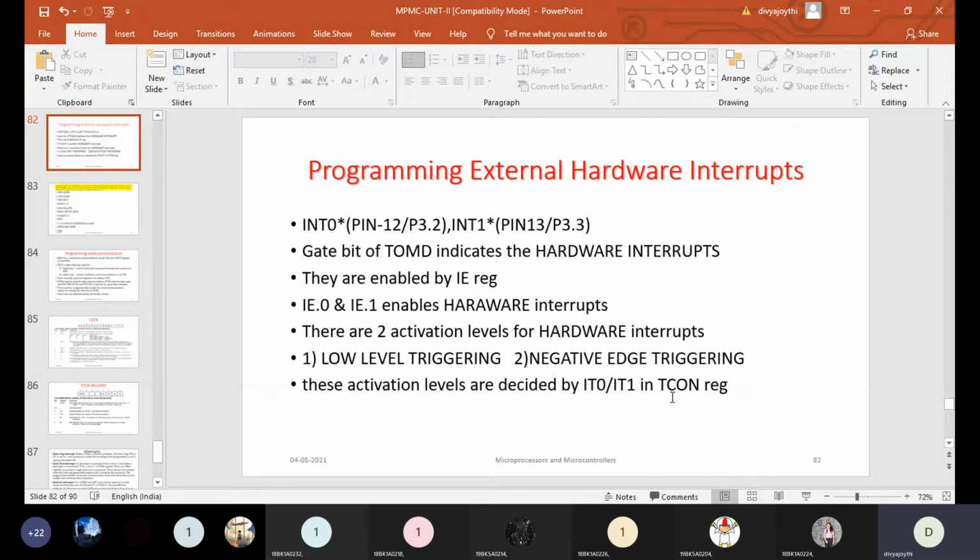Before we move on to writing the program, I just want to give you clarity on what exactly a hardware interrupt and what exactly a software interrupt can be. Interrupt is of course a disturbance to the controller.